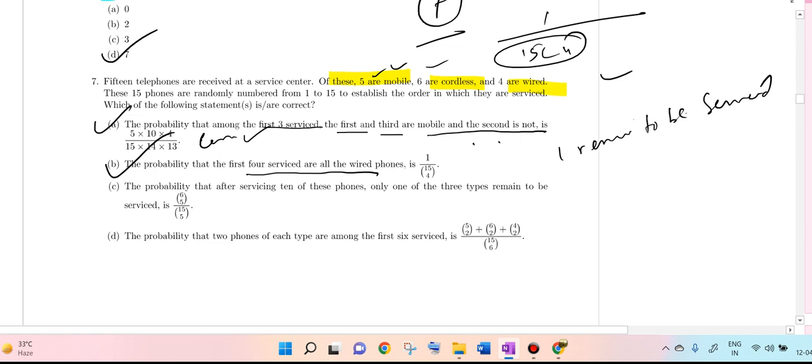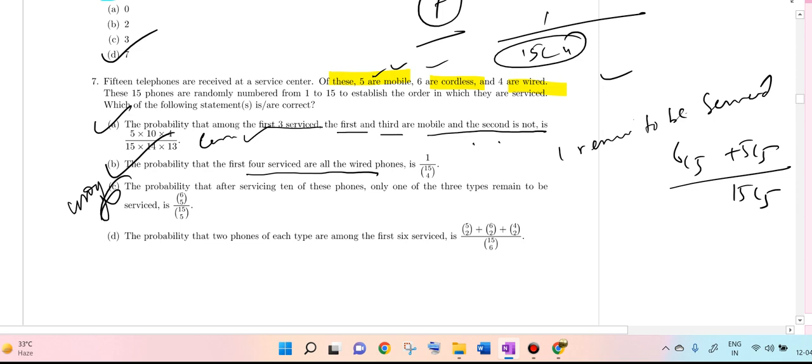So the 5 to be serviced is either mobile or cordless. So the probability is 6C5 plus 5C5 divided by 15C5. So this part is missing, so this is wrong.